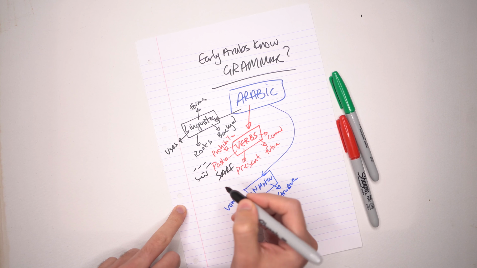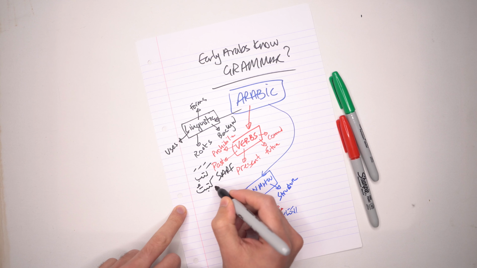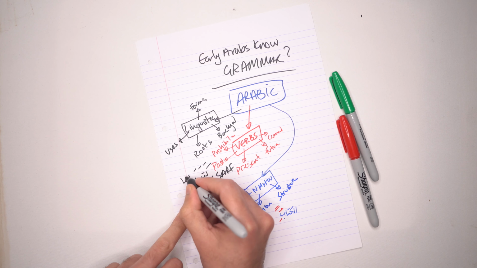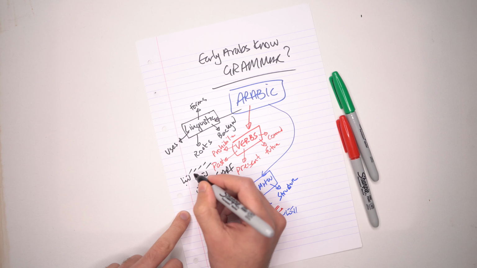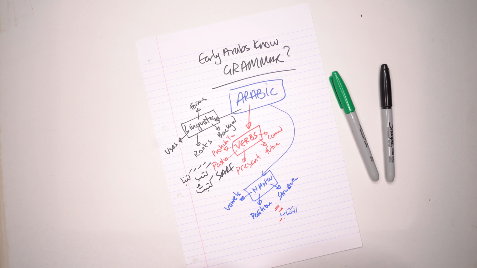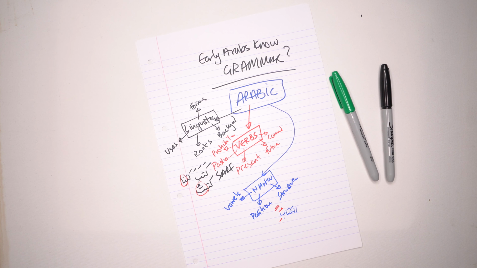If you want to say I wrote, you say katabtu. So it changes. If you want to say we, you say katabna, and so forth. So adjustments and additions are made to these verbs.